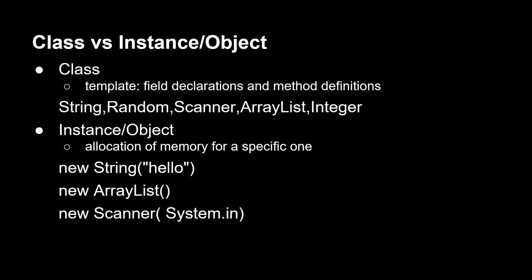Take Random, for example. It's a class that maintains information about random numbers, and each time it generates a new one, essentially based off a seed. So there's some data it keeps track of to generate pseudo-random numbers. It's not truly random.